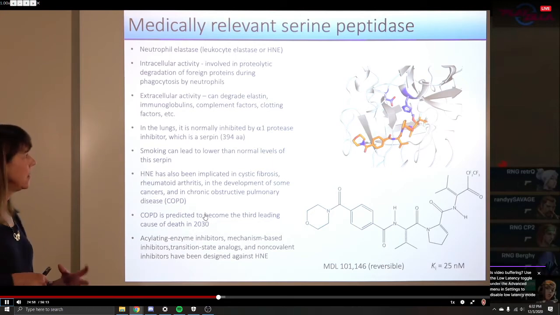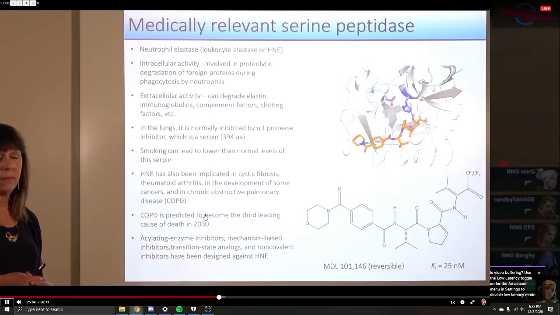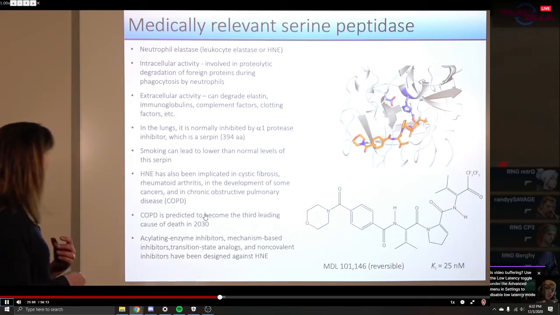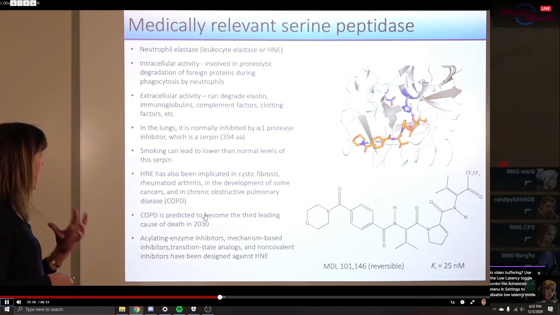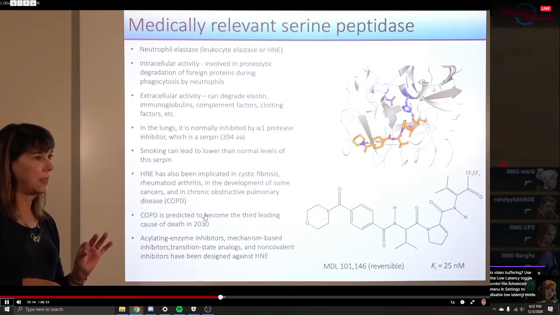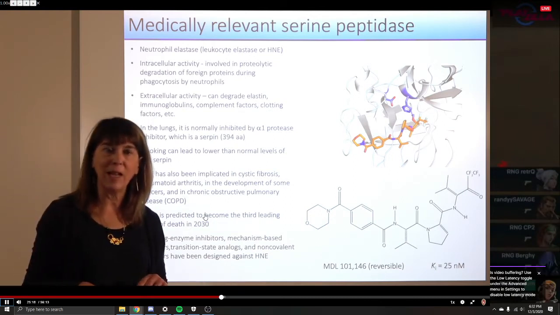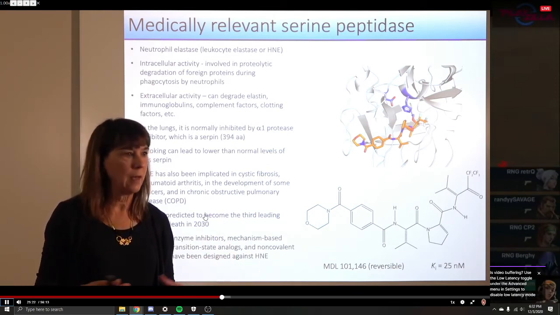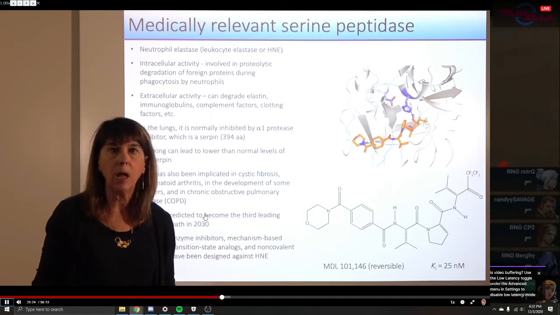Now you think about it, this human neutrophil elastase, HNE, has to be inhibited because you can't have it chewing up stuff, right? In the lungs, it's normally inhibited by this thing called a serpin. A serpin is a serine protease inhibitor. Now the serpin is 394 amino acid residues in length, and it inhibits this human neutrophil elastase in the lungs, so it doesn't start chewing up the lungs.